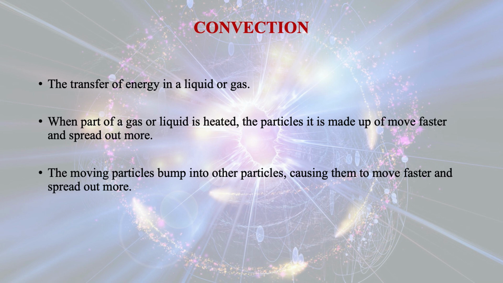When part of a gas or liquid is heated, the particles it is made up of move faster and spread out more. The moving particles bump into other particles, causing them to move faster and spread out more.